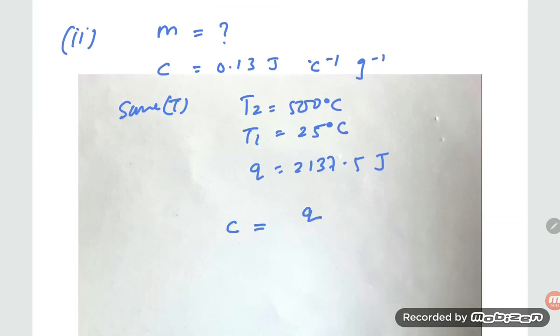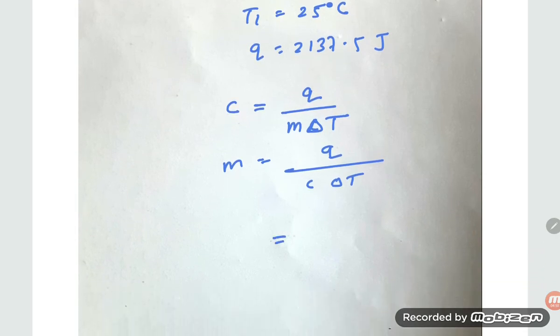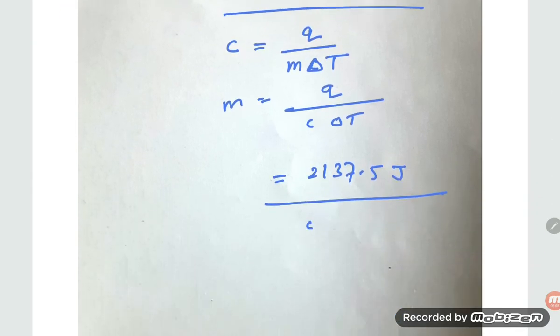So see what the formula is, student. Heat capacity divided by specific heat capacity gives m delta T. If they are asking mass, then m will come as Q upon C delta T. The Q value we got in the previous question is 2137.5 joule, divided by C, which is 0.13 in this question, multiplied by the temperature difference, T2 minus T1, 500 minus 25.